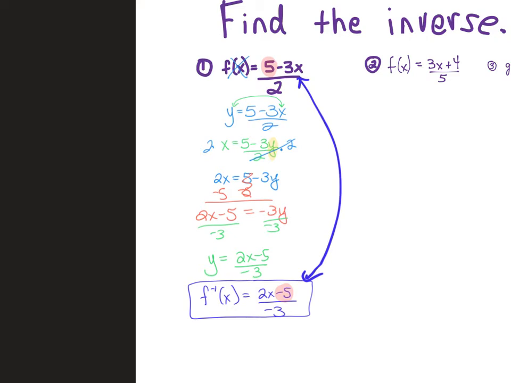And then I come over here and I say, oh, I'm multiplying here by -3. What am I doing down here? Dividing. Here I'm dividing by 2. What am I doing here? Multiplying by 2. You should be able to take your original and your answer, and looking at each little piece of the equation, you should be able to see that it's an inverse from the original to the answer. You guys see what I'm saying?